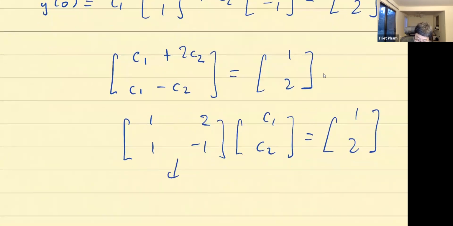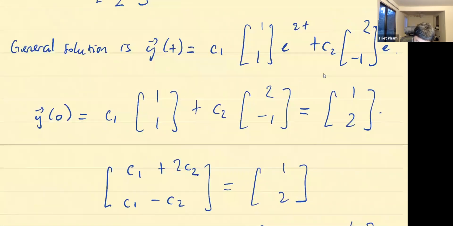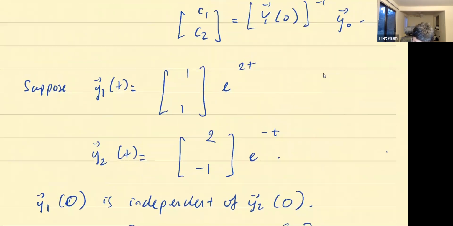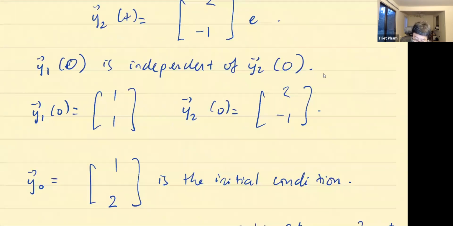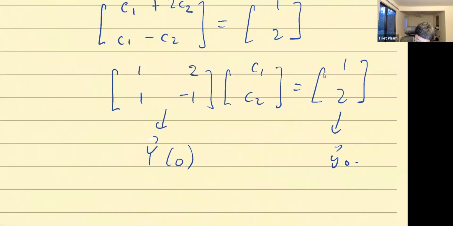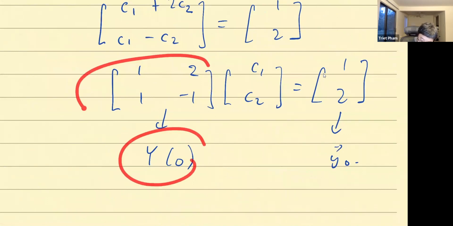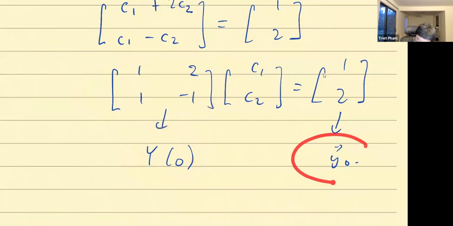This matrix right here is what I call big Y of 0, and this is what I call little y. My apology, I shouldn't call this a vector, it's a matrix, just a matrix Y of 0. So no vector notation, sorry. This matrix is what I call big Y of 0, and this is what I call little y of 0, which is the initial condition.